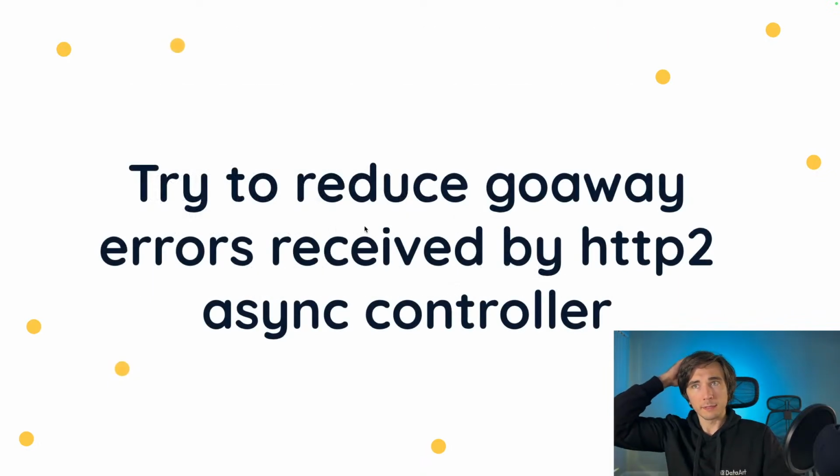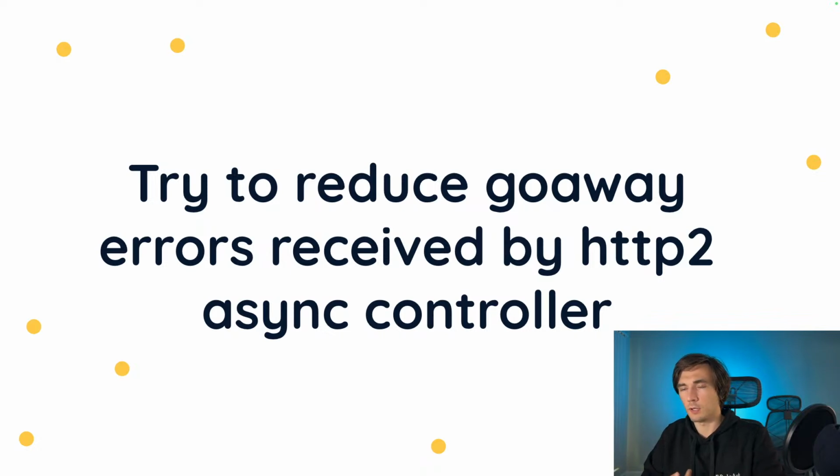So the main problem is actually these GOAWAY errors that we are receiving from the HTTP2 async controller. Why? Because we know that our client is not handling them properly, so if we can eliminate or at least reduce the frequency of these errors, maybe it will help us.